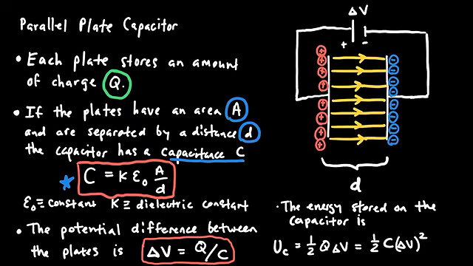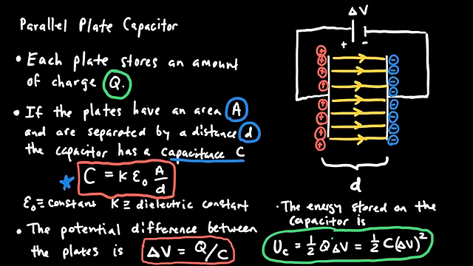And if I've connected a battery and there's been an opportunity for the charge to build up a little bit, then there's an amount of energy stored on the plates of these capacitors that's equal to 1/2 the charge on one of the plates times the potential difference. Or if you use the equation on the left to replace the charge, it could also be written as 1/2 the capacitance times the voltage squared.